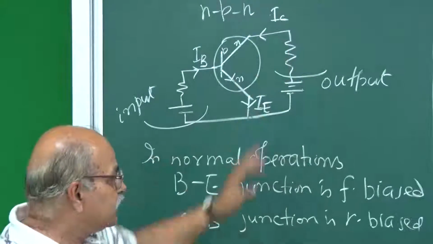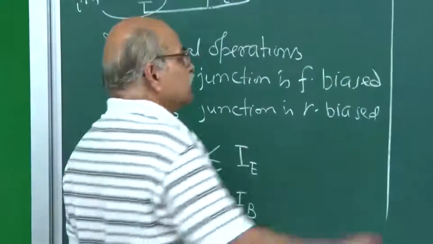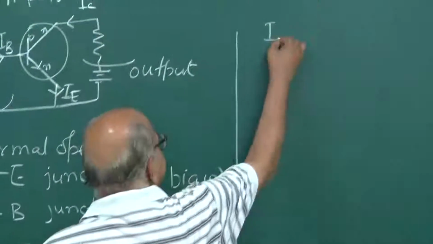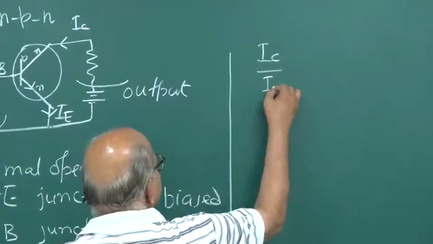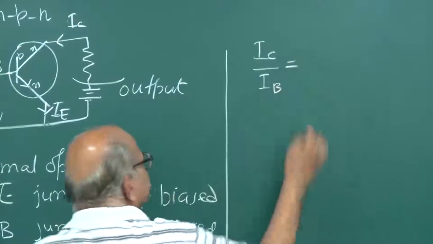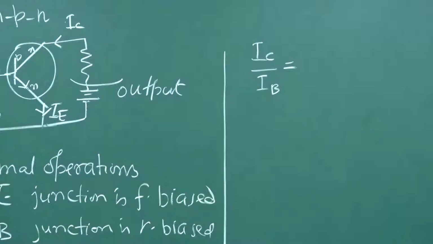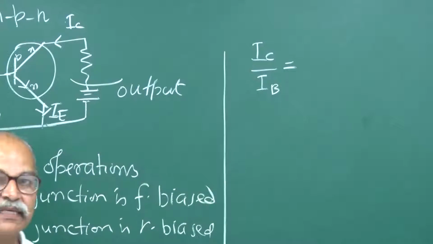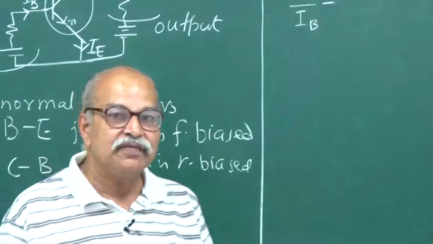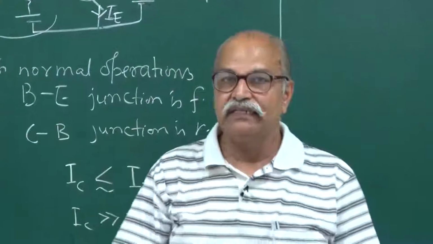Okay. In that case, this ratio IC by IB is fixed. It depends on the concentrations of those impurities, it depends on the geometrical parameters, you know, the base is very thin and all that.